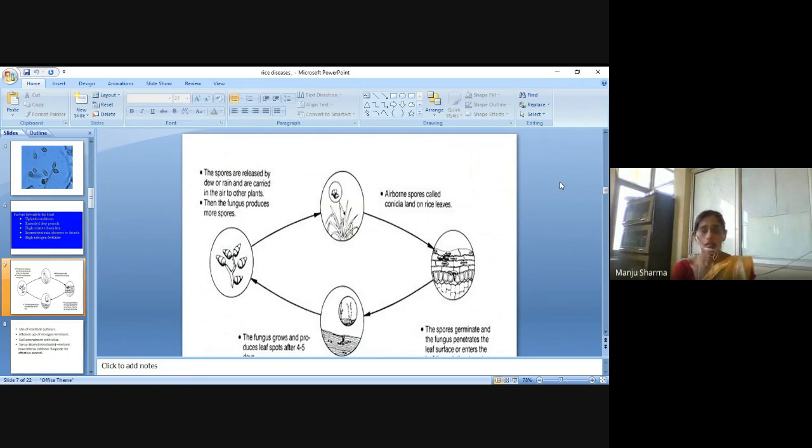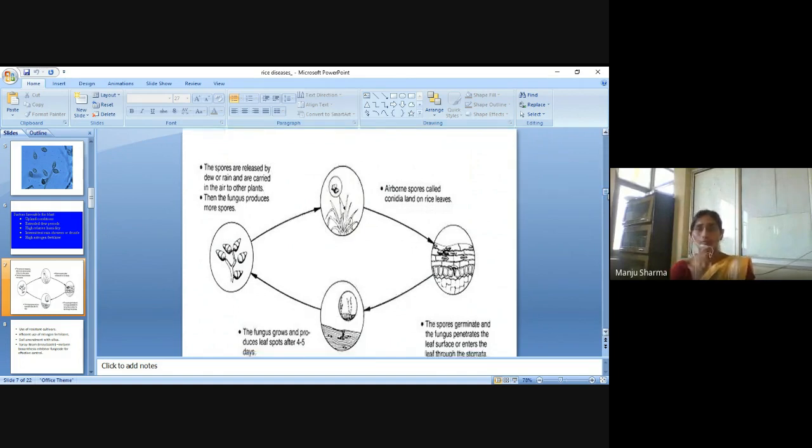Then the spores germinate and the fungus penetrates the leaf surface or enters the leaf through the stomata. After that, the fungus grows and produces leaf spots after 4 to 5 days.